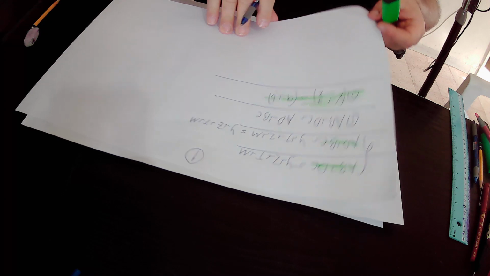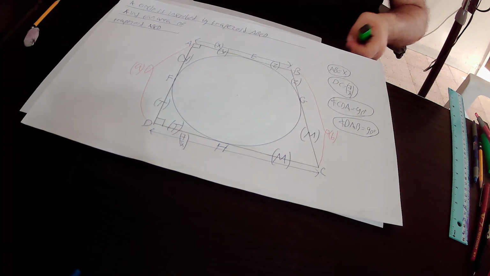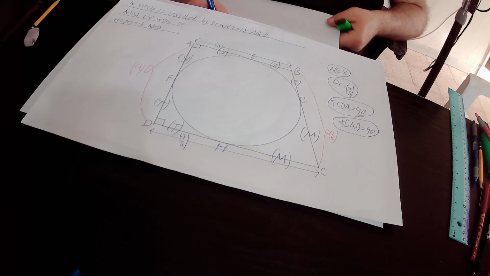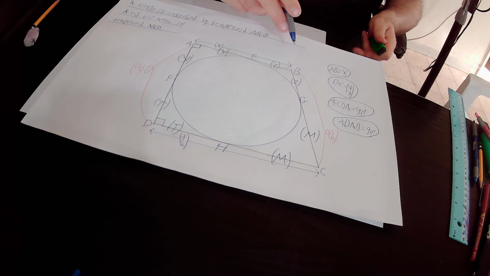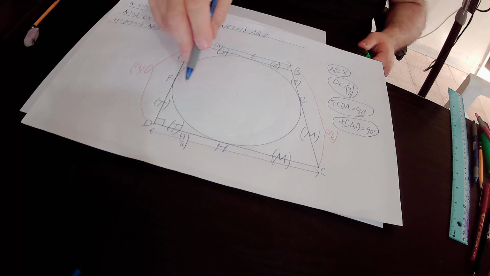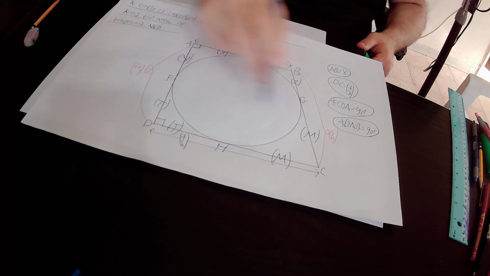In the next step, we will do a construction. This is to say, from point B, we will draw a perpendicular on DC.